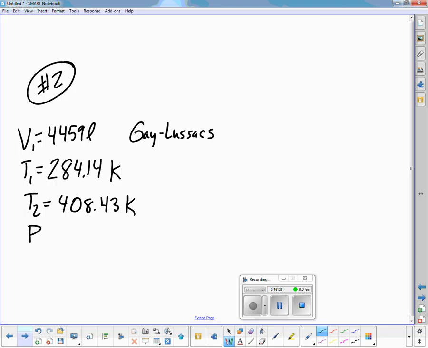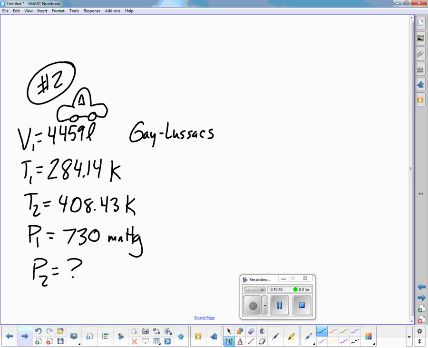Okay, pressure? mmHg. And you're looking for P2. Okay, this is the volume of our little car. The volume of a car doesn't change. That's how we got Gay-Lussac's, because the volume didn't change. I can't change the interior volume of a car. It's just going to stay. Okay, so we've got this. Gay-Lussac's is P1 over T1 equals P2 over T2.